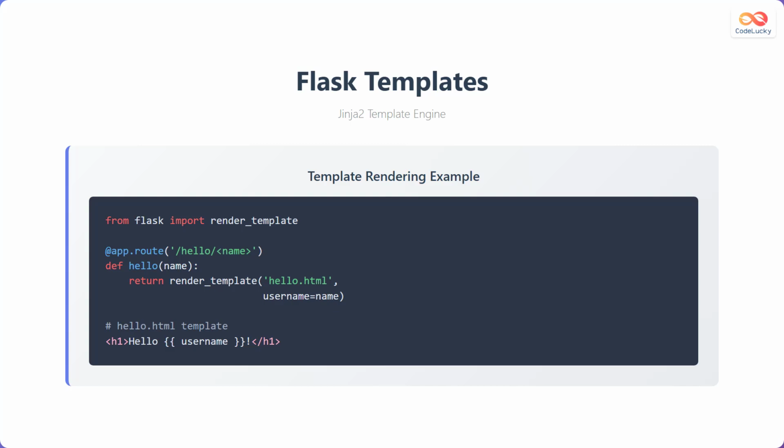In templates, you can access variables using double curly braces, like {{ username }}. Jinja2 supports various features including conditionals, loops, and filters to manipulate data before displaying it. Template files typically have .html extensions and are stored in a templates folder at your project root. This separation of concerns makes your code more maintainable and allows designers to work on templates independently of backend developers.